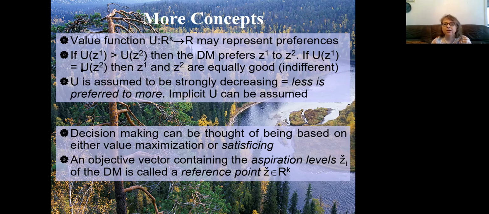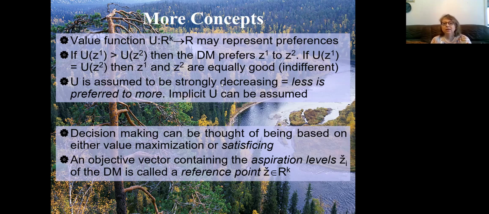And if the value of this function is the same for two solutions, then it means that the decision maker is indifferent between them. They are equally good. And in many cases, an implicit utility or value function is assumed to exist, but how to derive this kind of a function from the decision maker so that we could utilize this kind of reasoning, that is the problem.